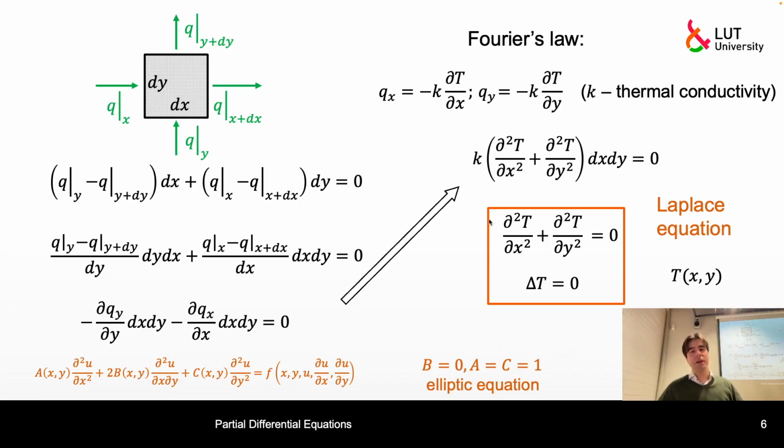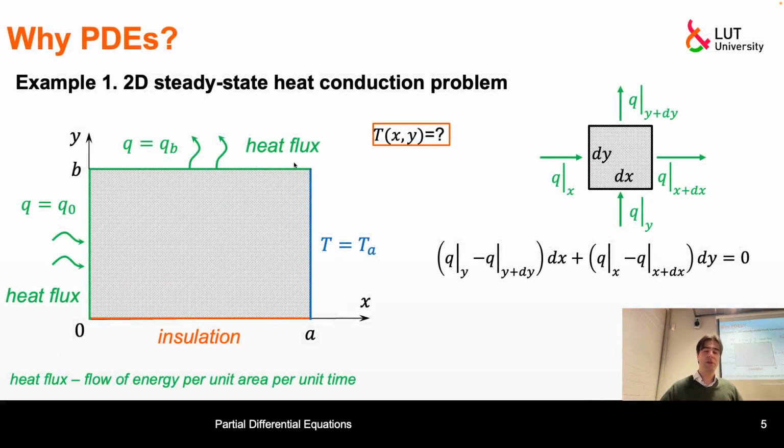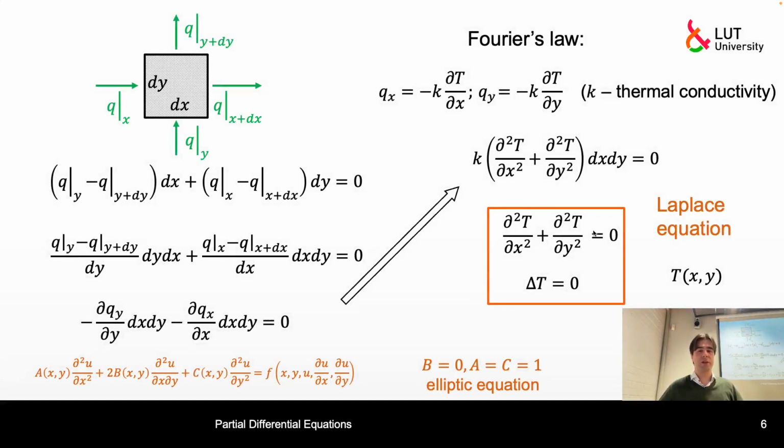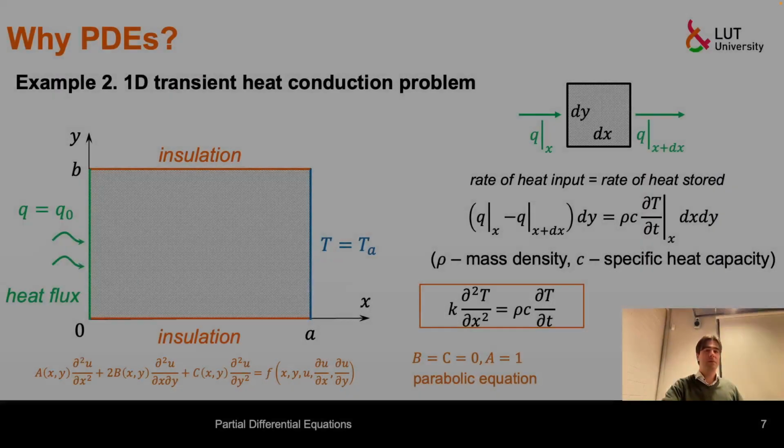So it kind of gives the impression that thermal conductivity is not important in steady-state heat conduction problems, but actually it is. In this particular case, it will be used in boundary conditions, but also in a more general case it will be used if there is something else in the right-hand side. Okay, so quite simple, I hope.